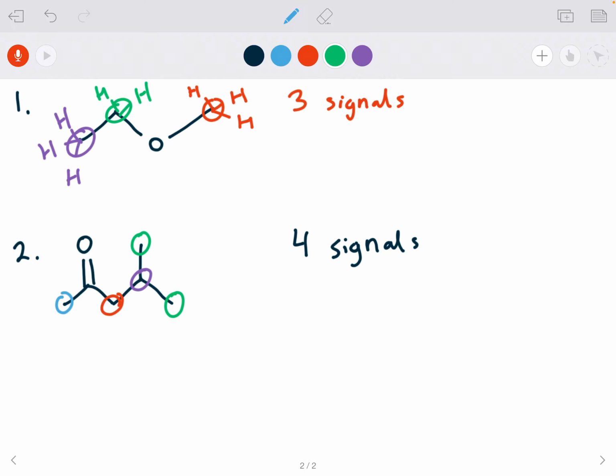But then here and here, those 2 methyl groups are identical to each other because both of those methyl groups are bonded to the same carbon. You can't differentiate between these 2. Remember that single bonds are always rotating, so those bonds are going to be rotating and you can't differentiate between those 2 methyl groups. Right? So there is only one signal coming from these 2 methyl groups combined.